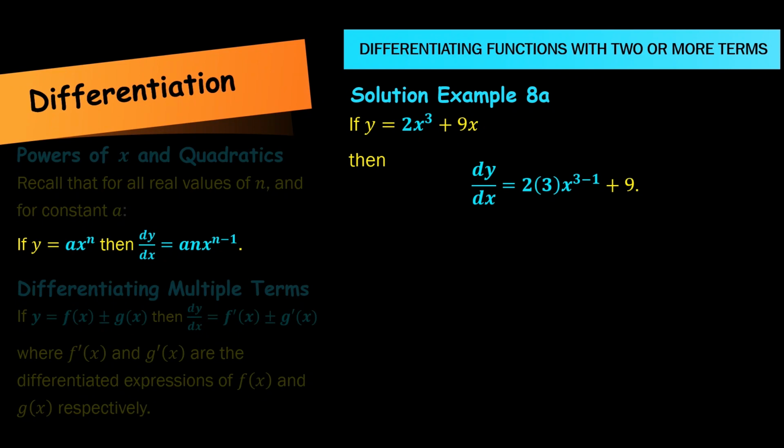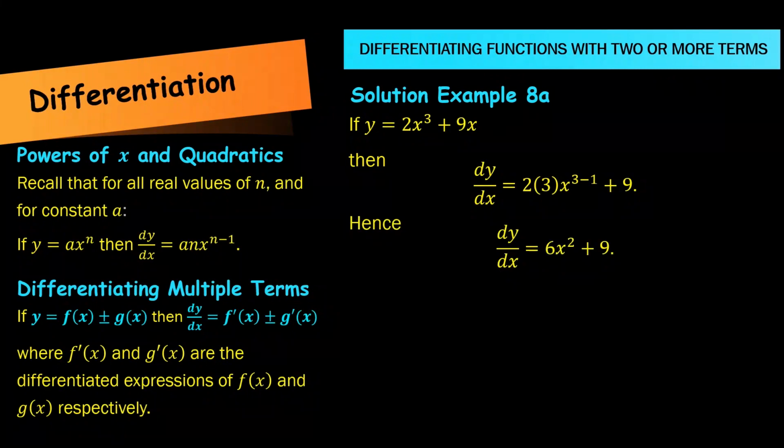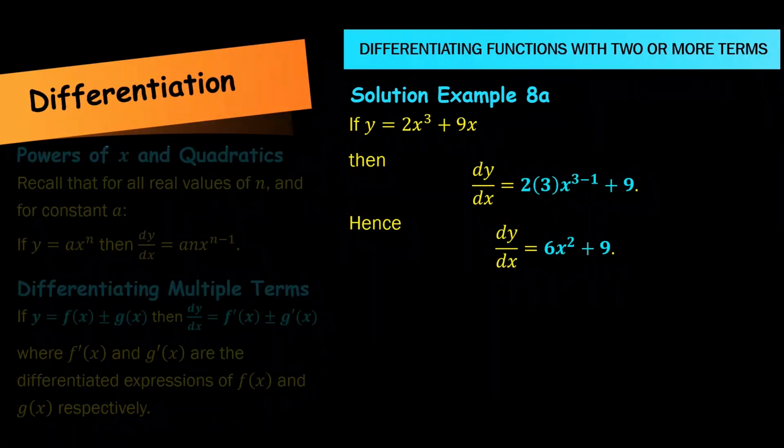Similarly for 9x, here we have that a equals 9 and n equals 1, and we've plugged that in to find dy/dx for 9x. And then tidying up gives us dy/dx equals 6x squared plus 9.